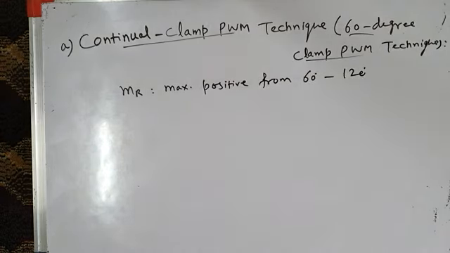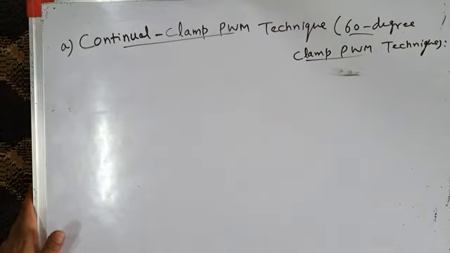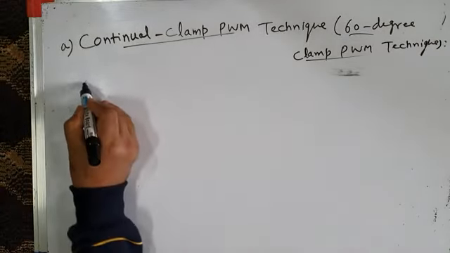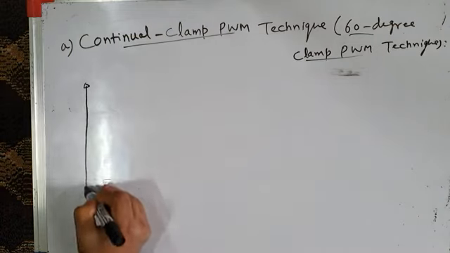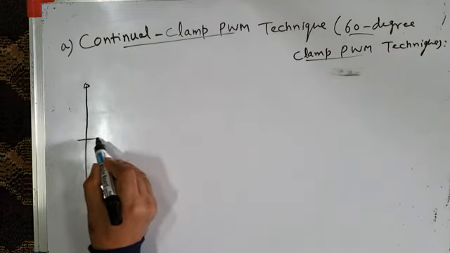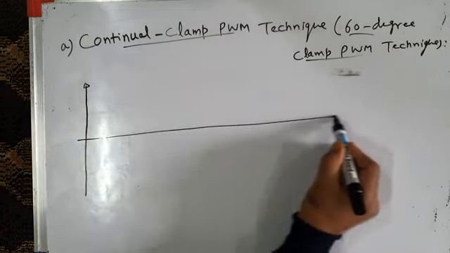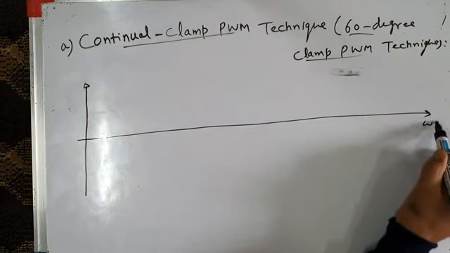It will be clear to you if I draw the waveforms. With the help of waveforms, you will be able to understand it. Let me draw the waveforms. Omega t axis.